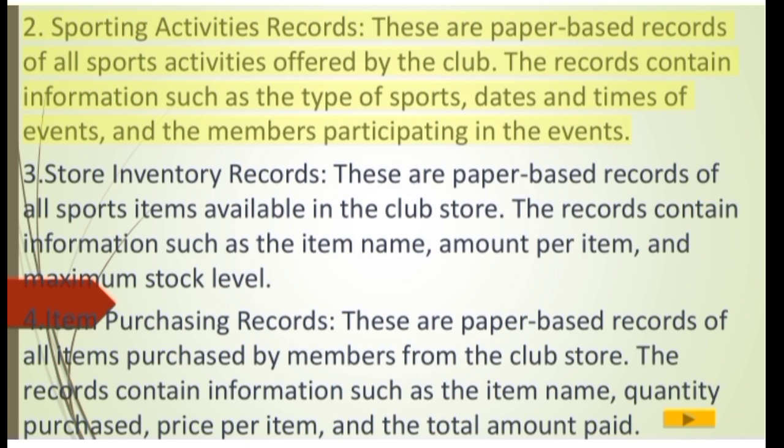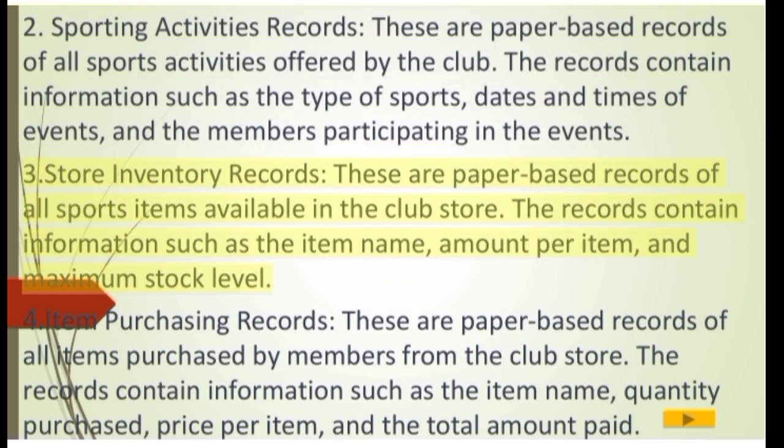2. Sporting activities records. These are paper-based records of all sports activities offered by the club. The records contain information such as the type of sports, dates and times of events, and the members participating in the events. 3. Store inventory records. These are paper-based records of all sports items available in the club store.